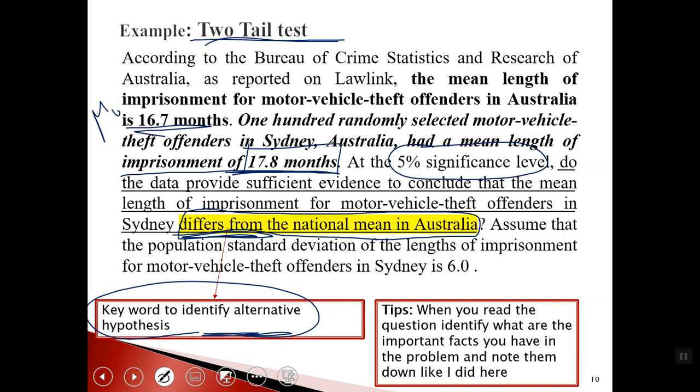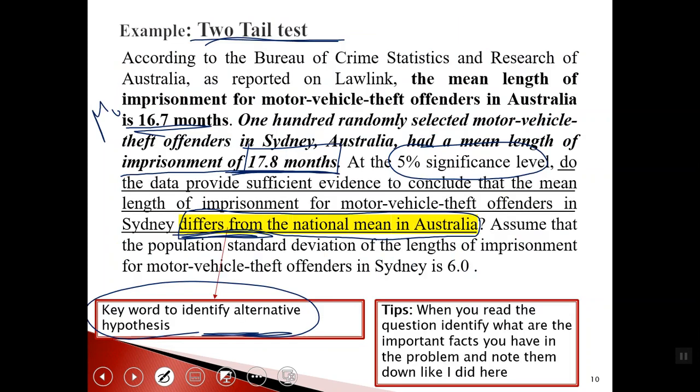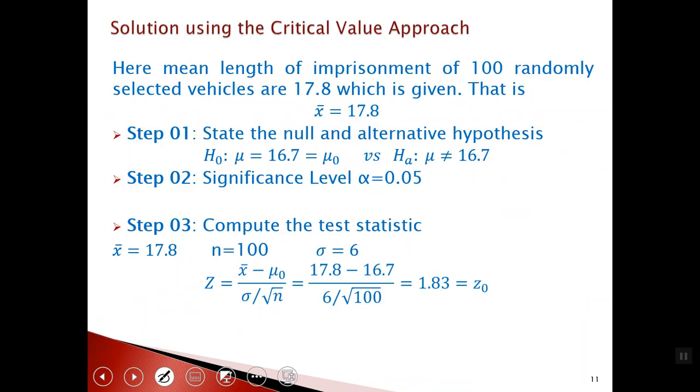When you read the question, identify what the most important facts are. So mu naught is 16.7, and the mean length. There is no data set, so they have given you a mean length, which means your x bar. So x bar they have given. You don't need to calculate it.